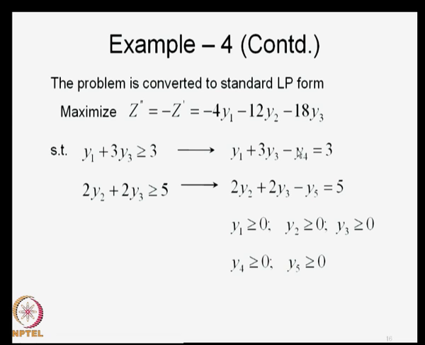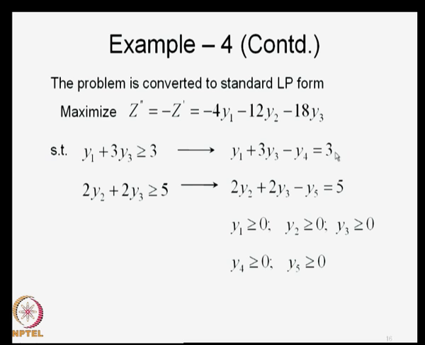Now, because we had greater than or equal to, and therefore, we have negative slack variables here, I repeat that the constraints will have slack variables with a negative sign, and therefore, there is no initial basic feasible solution possible. To ensure that you have an initial basic feasible solution, we have to associate artificial variables corresponding to the greater than or equal to constraints here.